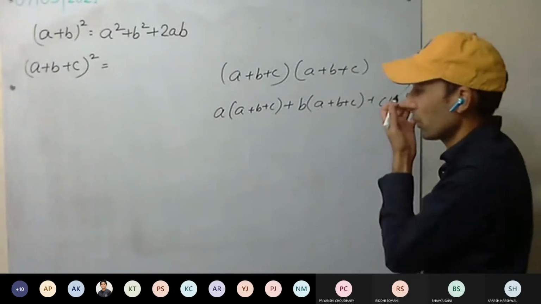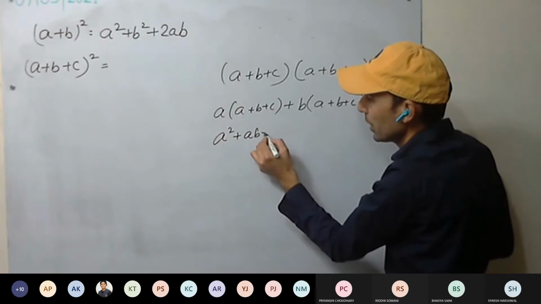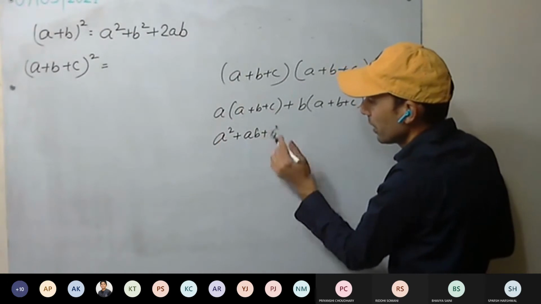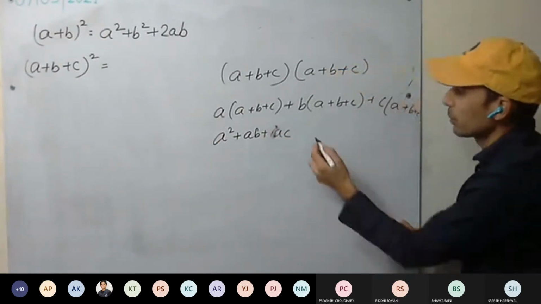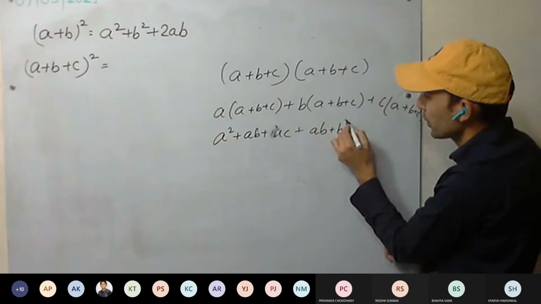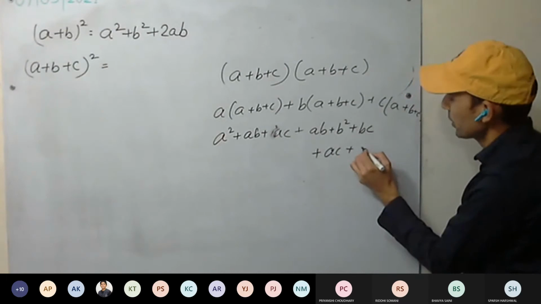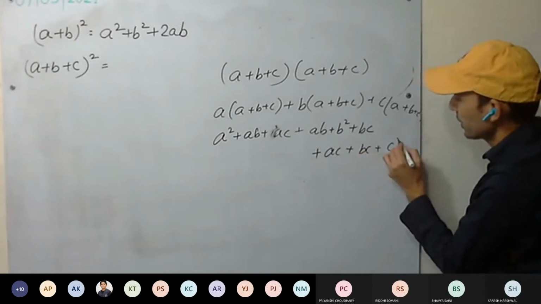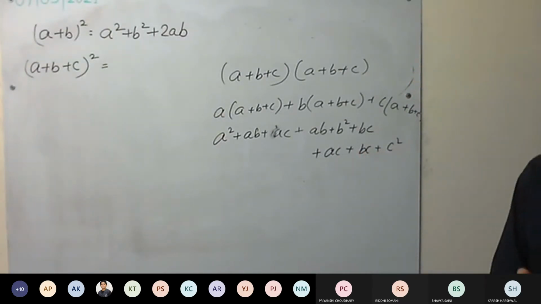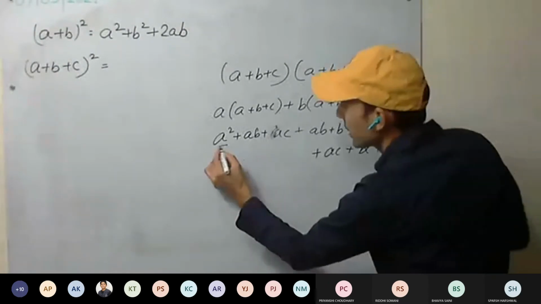Once we solve this one, how much are we getting? a square plus ab plus ac, plus ab plus b square plus bc, plus ac plus bc plus c square. You have understood this one? Now, first I'm writing these three terms.